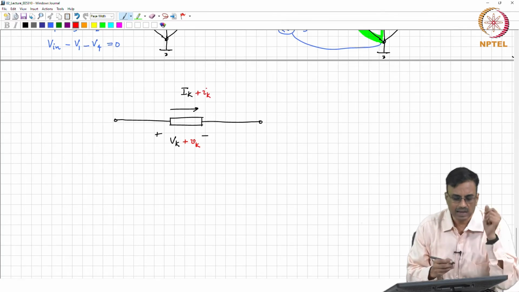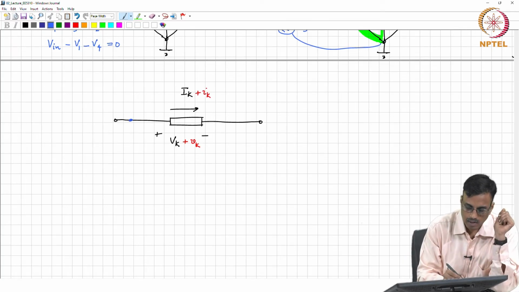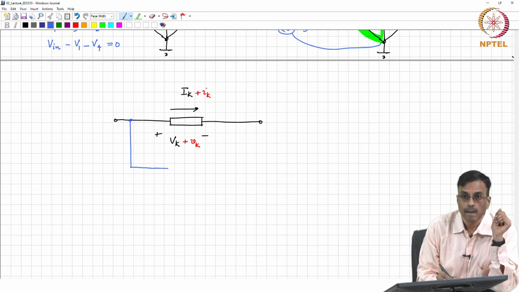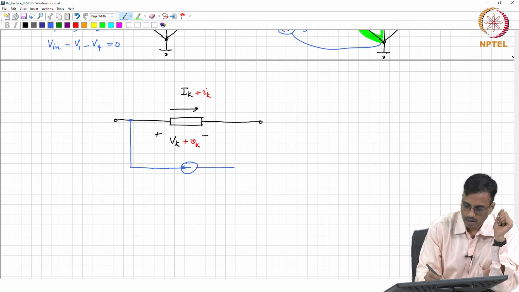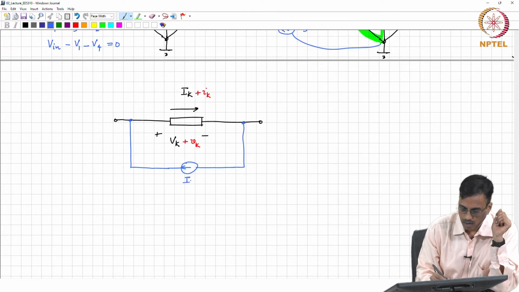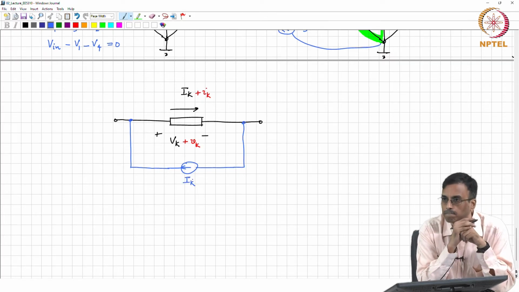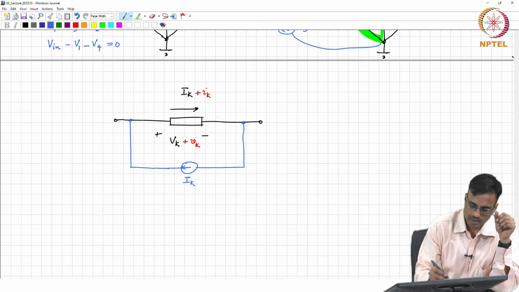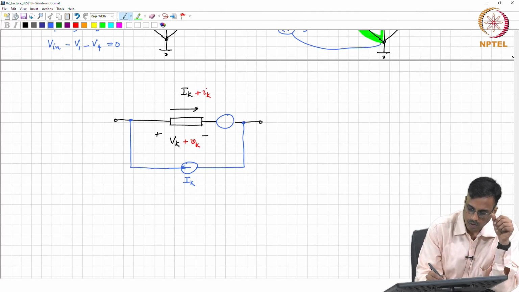In parallel with every branch we have added a current, capital Ik, going in the opposite direction, all right, and in series with every branch we have added a voltage source.